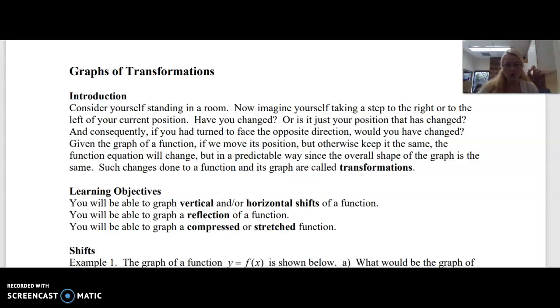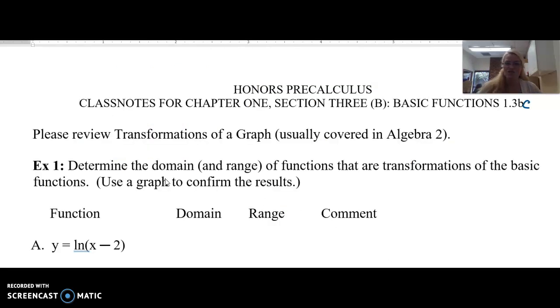But we will also be going into slightly more advanced transformations when we get to section 6 of your textbook. So today, it's just kind of a sneak peek at some of the more simple ones, specifically the horizontal shifts and the vertical shifts and a couple stretches.